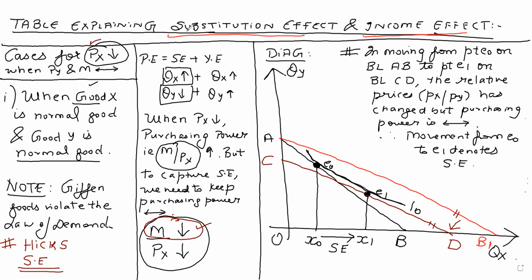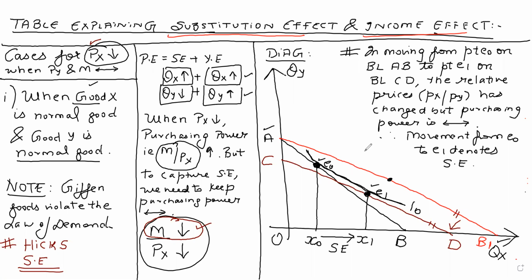Now I am back on the budget line AB1. On the budget line AB1, the consumer should consume more of good X and good Y as compared to E1. Guys, from E0 we have reached E1. Now from E1, good X should also rise, good Y should also rise. So from E1, we can have a point somewhere here.